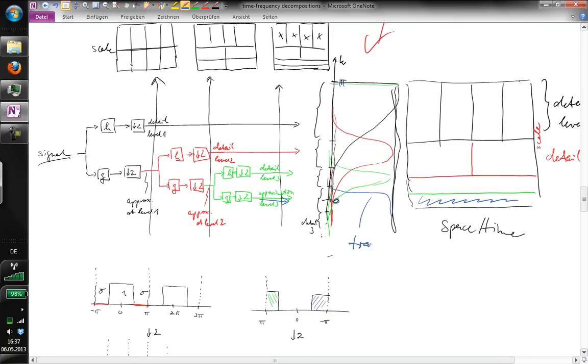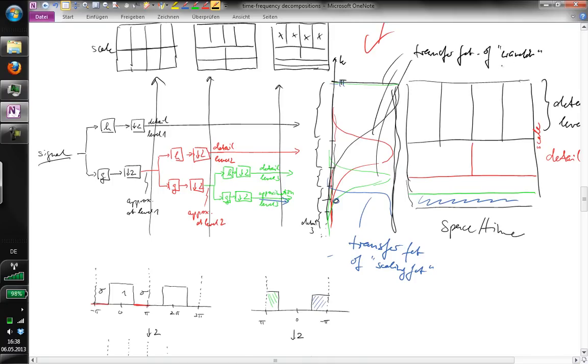The remaining approximation is the transfer function of what's called the scaling function, whereas all the others are the transfer functions of the wavelet.